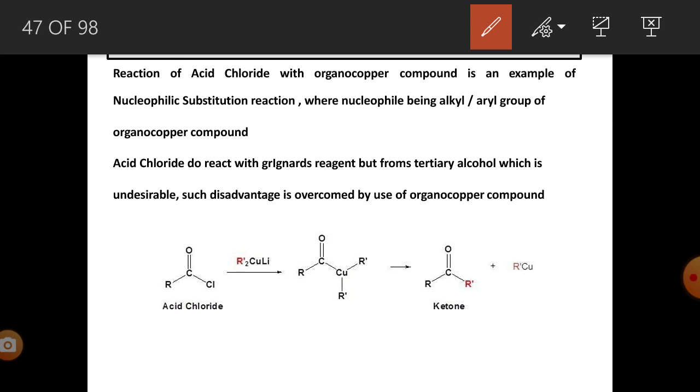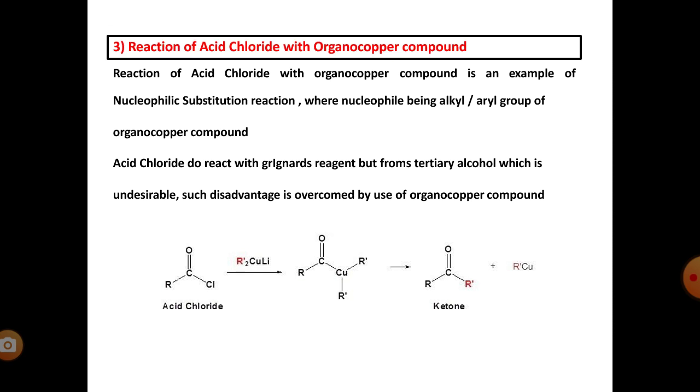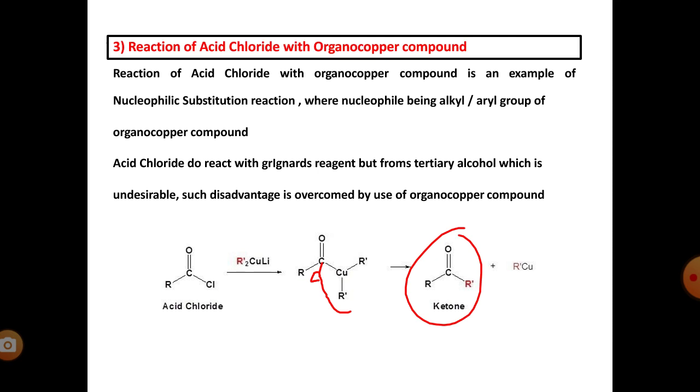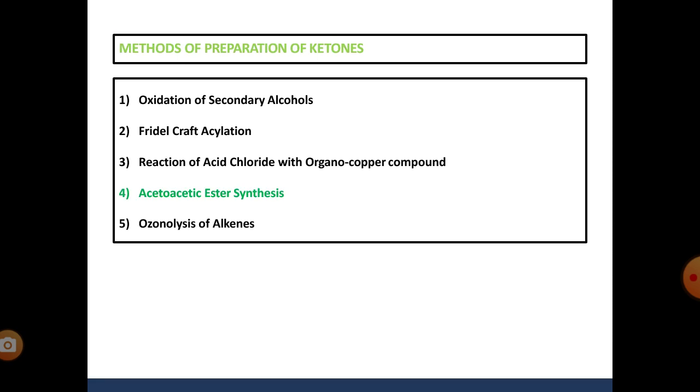This R minus attacks the carbonyl carbon and it is converted into the corresponding ketone. So this is the third method for ketone synthesis.